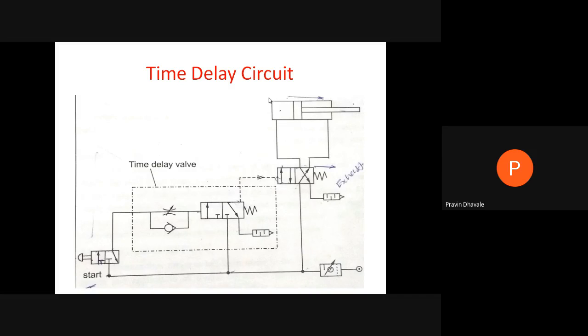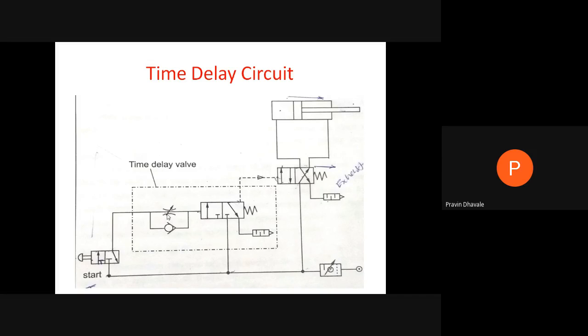But in order to carry out the extension stroke of the piston, we have to execute this position, right? And to execute this position, we are taking the pilot signal from this time delay valve. A certain delay in time will be achieved by using this flow control valve.